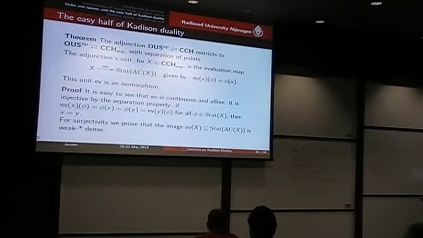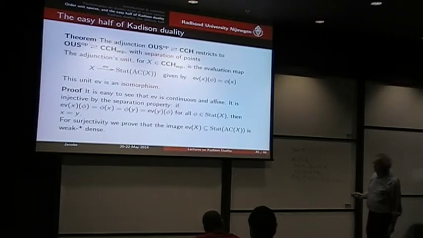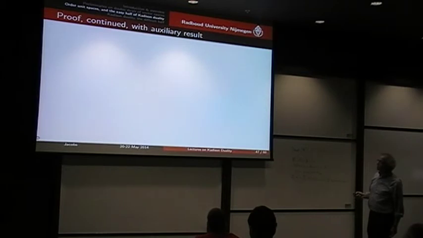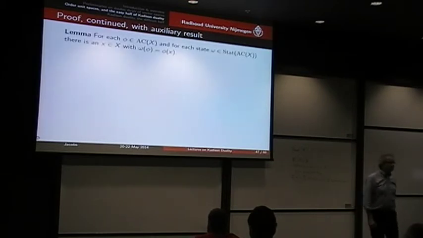And for surjectivity, we use that X is already a compact space, so it suffices to show that the image is dense, and this gives me surjectivity. Good. Now, in order to prove this, I need an auxiliary result, and this is a result which has a nice proof, which makes use of the convexity that you have in this situation in an essential way.